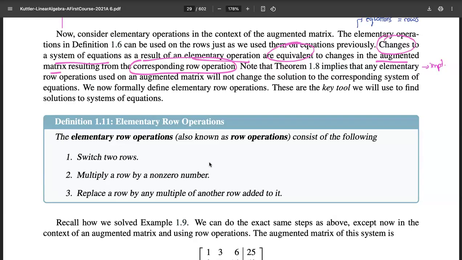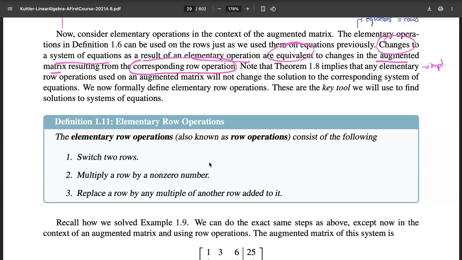If you apply them to equations, they're called elementary operations. When I talk about ideas, what I mean is, when we swap equations in a system of linear equations, the equivalent form would be swapping the rows of the augmented matrix. And if you multiply an equation by a constant, the equivalent concept would be multiplying that row in an augmented matrix.